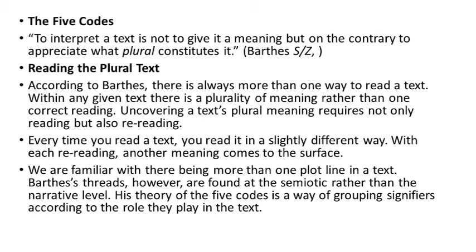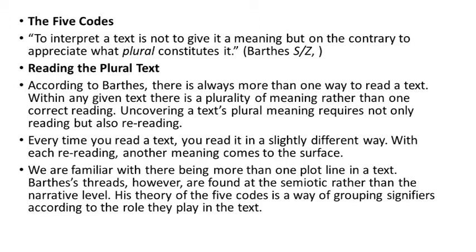And reading the plural text, according to Barthes, there is always more than one way to read a text. Within any given text, any given poem or novel, there is a plurality of meaning rather than one correct reading. There can be more than one meaning.